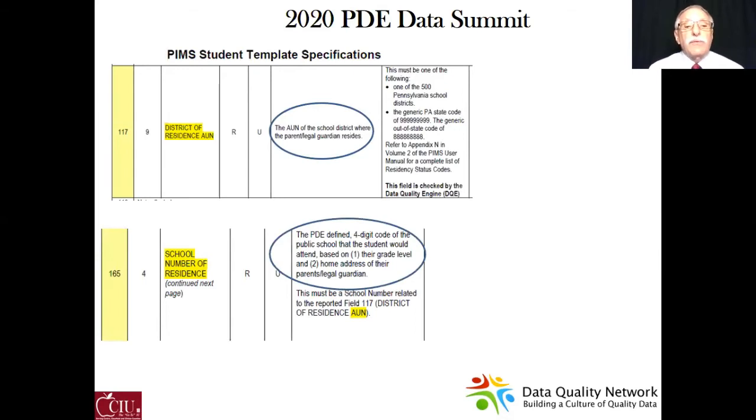And school number of residence, that's tied to 165, that's tied to 117. That's going to be the 4-digit building code of the building where the student would attend, based on their parents' home address and their grade level. So these two are tied together, and they're not going to change if a child is in residential placement.